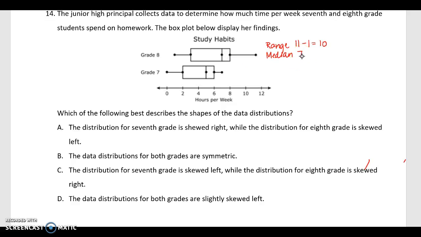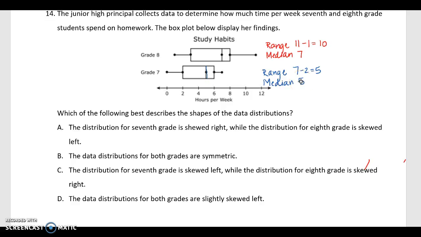And then I see, let's see, skewed, symmetric, skewed. So we may not even need this information, but let's keep going. So range is 7 minus 2 is 5. And then the median is this middle line, so 5.